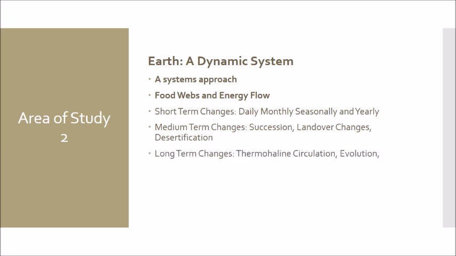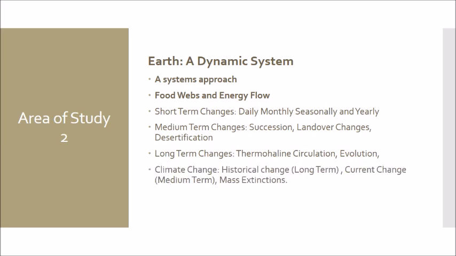And then we're going to go into long-term changes, with things that happen over thousands of years, and if not way longer. Things like thermohaline circulation, which you will learn about, and evolution, and some other cycles as well that we'll focus on.